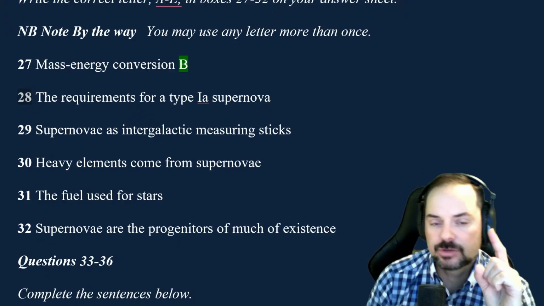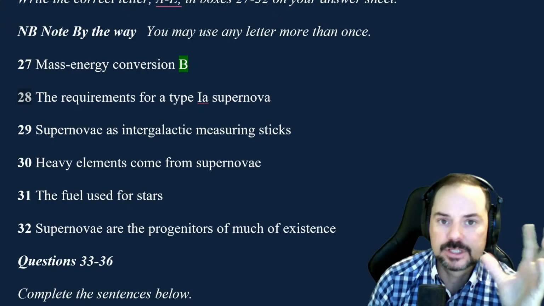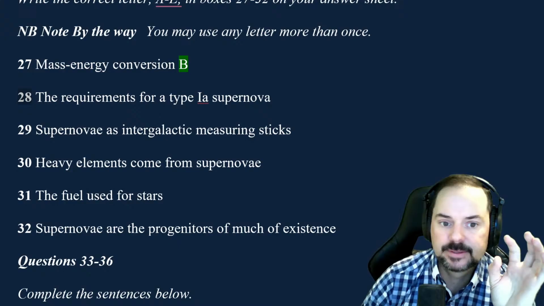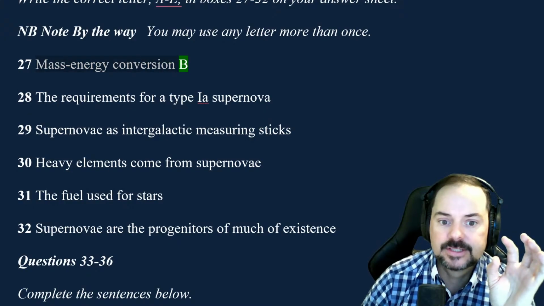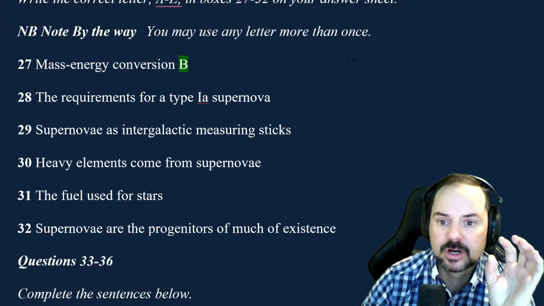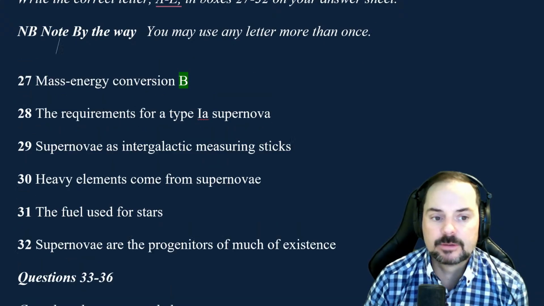Okay, the introduction was about the importance of supernova measurements and elements, and it was the introduction, right? Paragraph B was about type 2 supernova, right? It's about the single star. So here's a really important point, everybody.